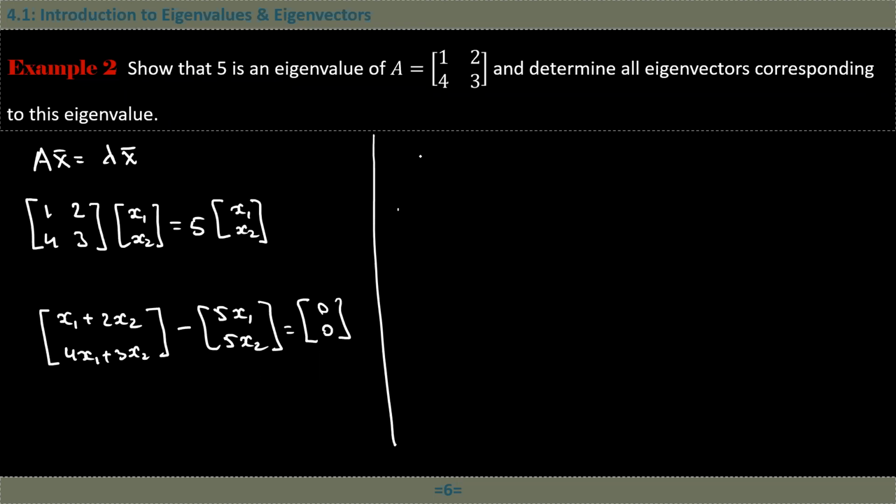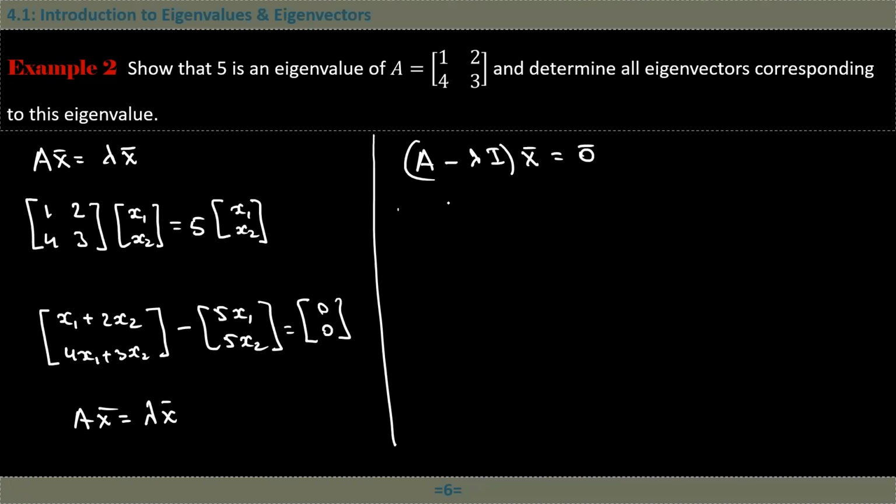Another way is, look, here we have Ax equals lambda x, right? To solve the system, here we have A minus lambda I, times x, is equal to 0 vector, right?